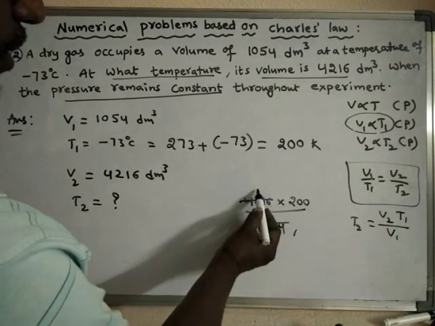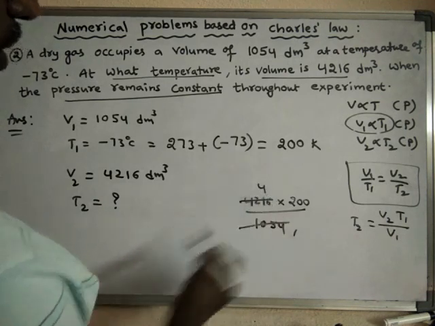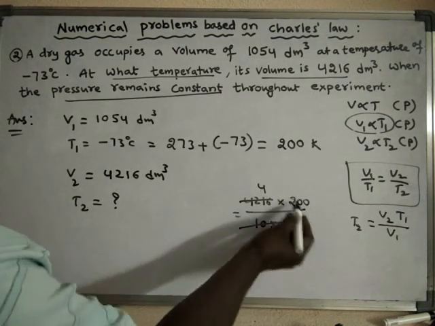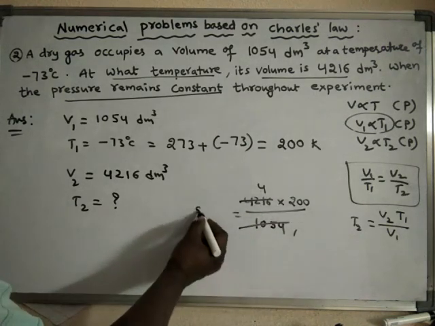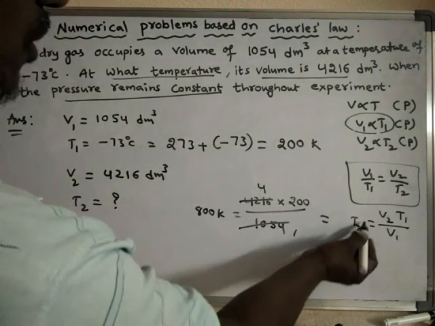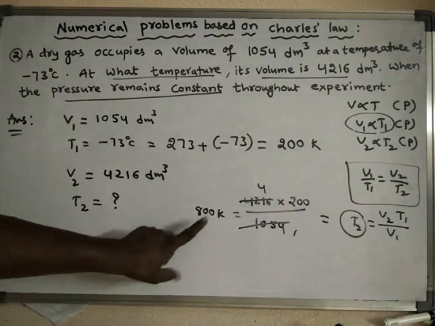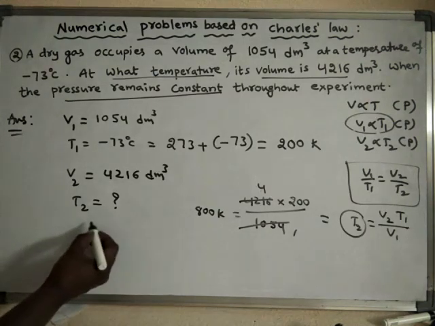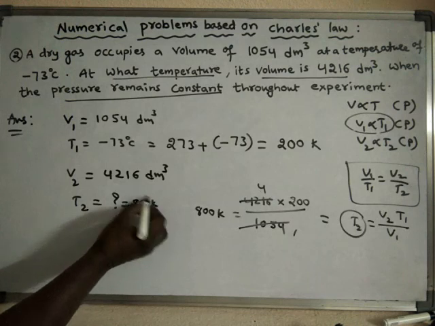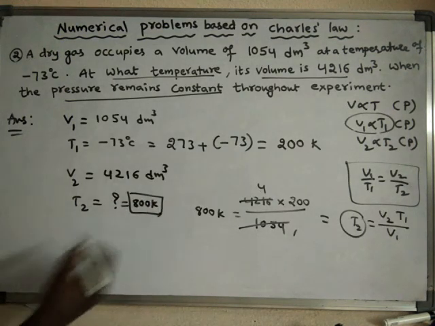So 4 into 200 is 800 Kelvin. So what is the value of T2? The final temperature value is 800 Kelvin. So T2 is equal to 800 Kelvin. This is the answer.